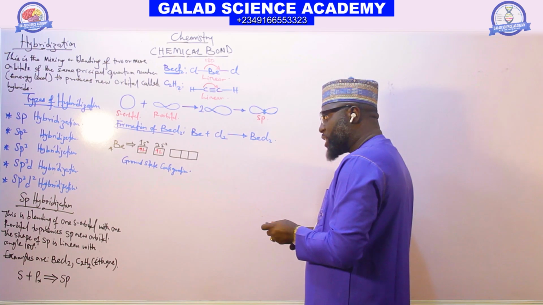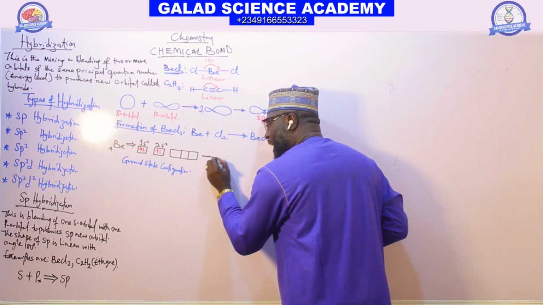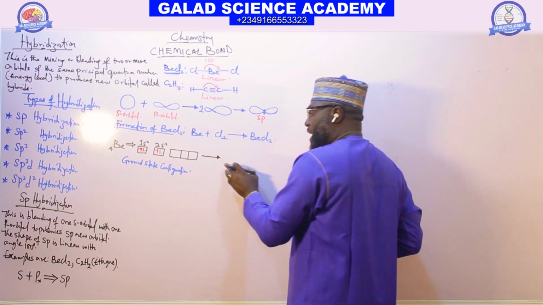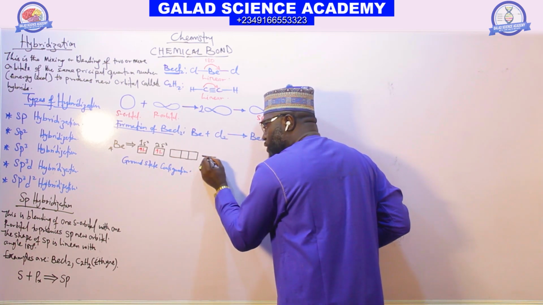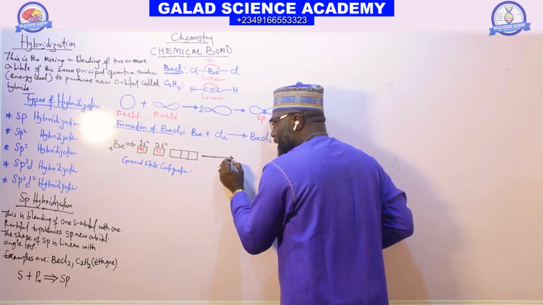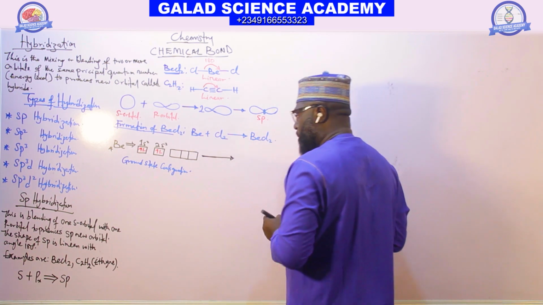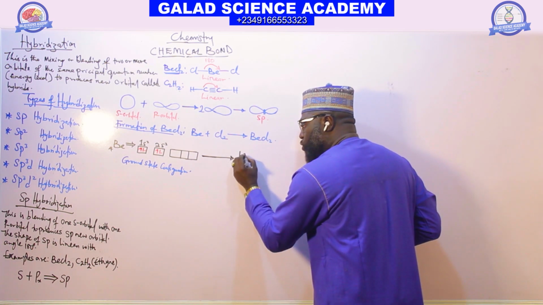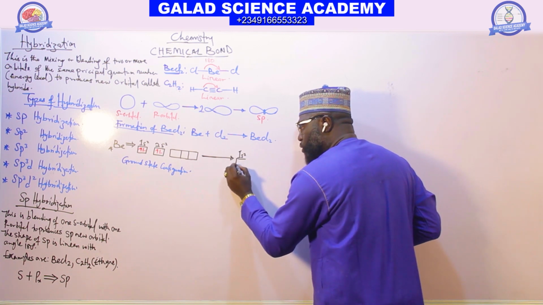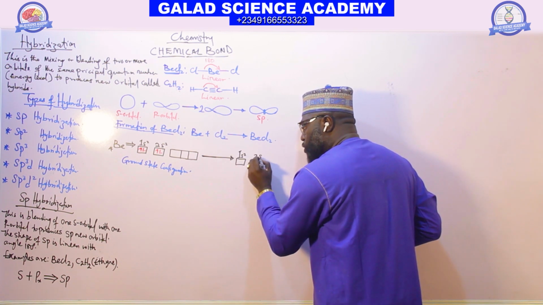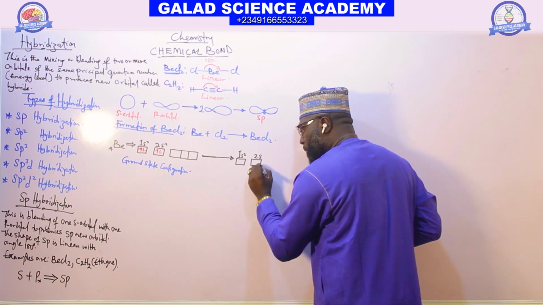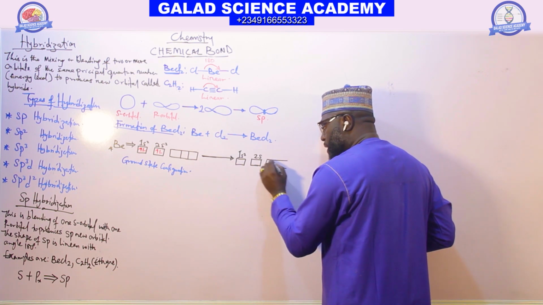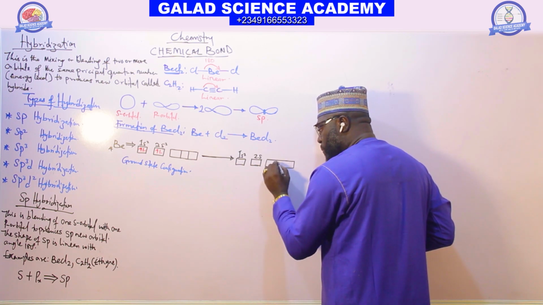So when the beryllium is in a state of excited or promotion, it will have 1s2, 2s, and we have 2p in this form.